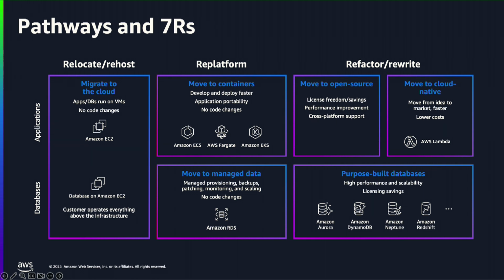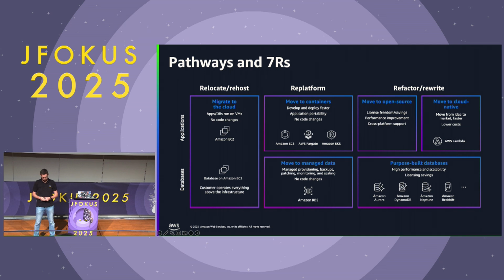If you move to cloud native, you can go to serverless, to Lambda, to functions. Move to open source, well, it depends what you choose there on where you can land. But it's, again, stuff like Amazon ECS, Amazon EKS, our container services, and Fargate, which is the serverless version of those container services. And then for the database, purpose-built databases, there are many. We're not going to dive deeper in that. If you want to know more, you can always come later to discuss about that.